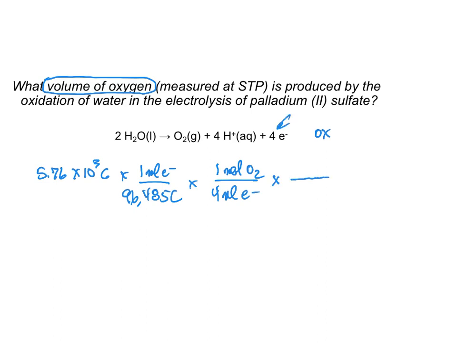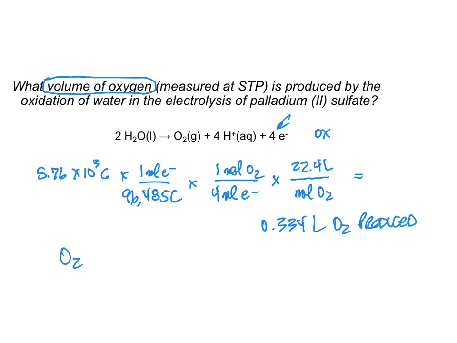And going back to the gas chapter, I will assume that this is an ideal gas, 22.4 liters for every mole of oxygen. That would give me 0.334 liters of oxygen produced. Now, I'm going to write it right here.